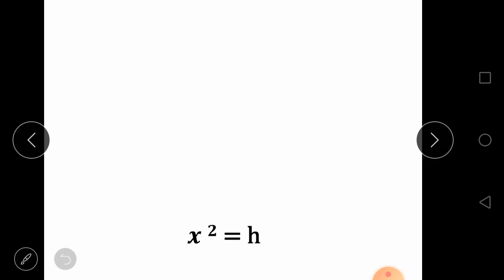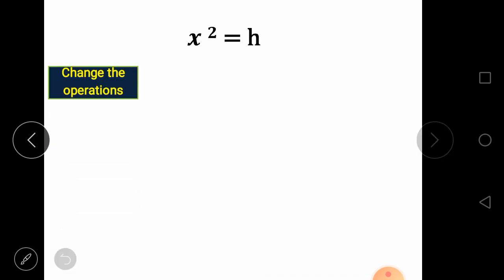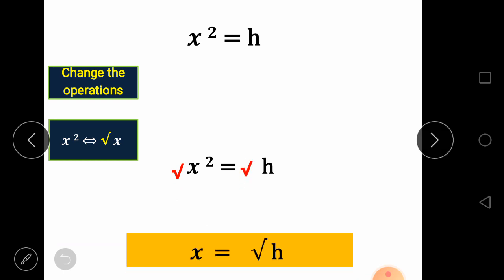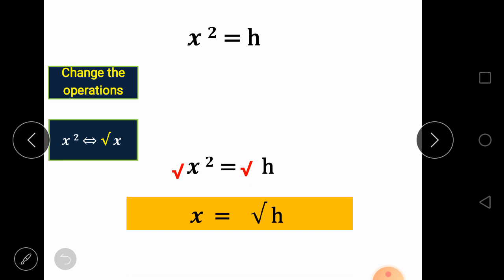Okay, let's shift to another part, which is if you have x squared equals h. So we change the operation, which is taking the square root of both sides. Here, square root of x squared equals square root of h. So x will be equal to square root of h, because the square root is cancelled with the square.